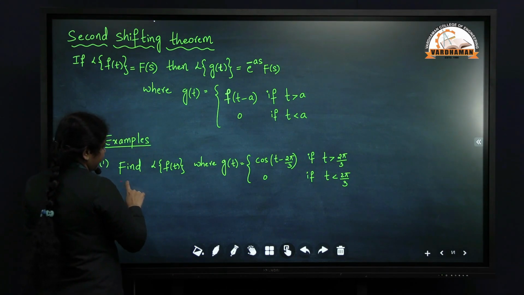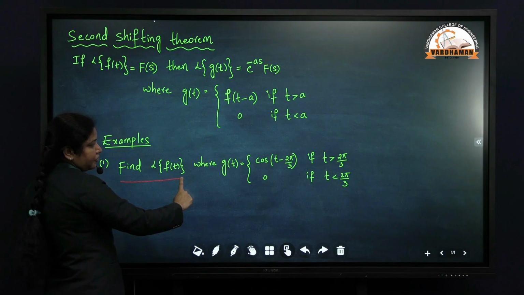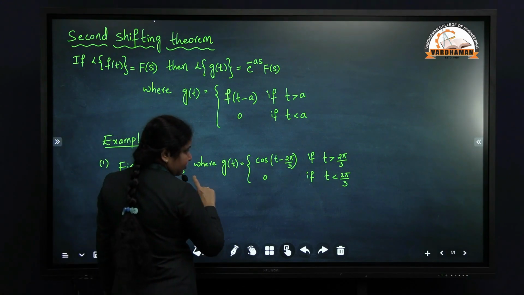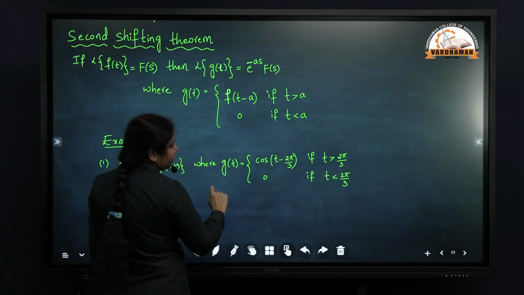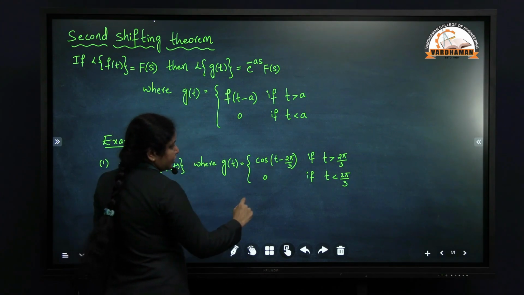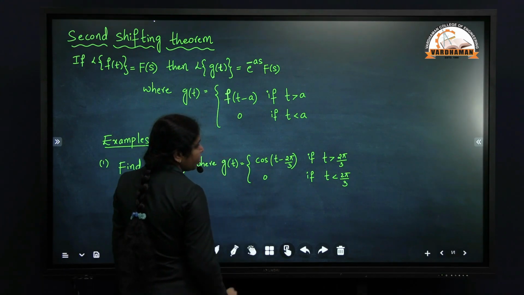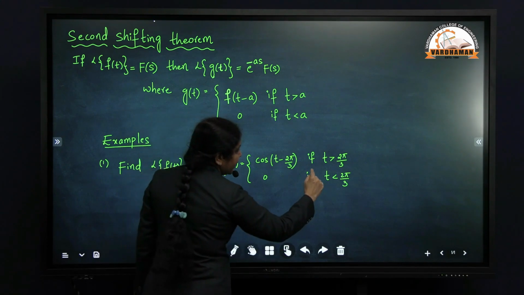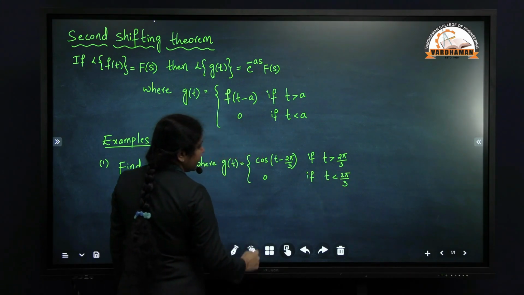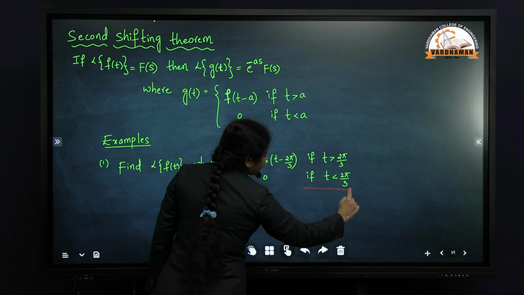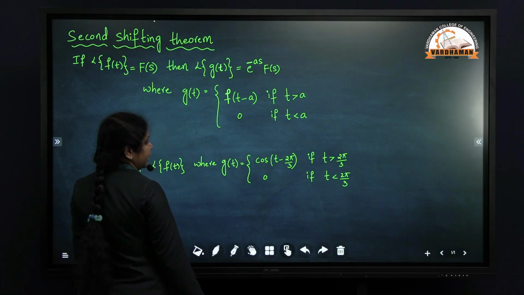So here we need to find the Laplace transform of the function f of t, where f of t is not given in the question but g of t is given, and g of t is equal to cos t minus 2 pi by 3 if t greater than 2 pi by 3 and 0 if t less than 2 pi by 3.